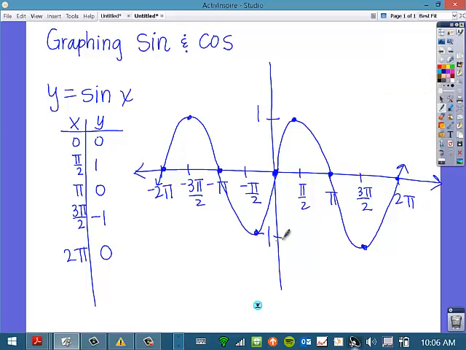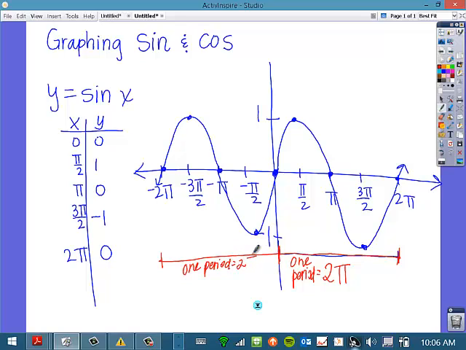From 0 to 2 pi, that's supposed to be red. From 0 to 2 pi is called our period. The period is 2 pi. This is one period, and this is also one period, which is 2 pi.